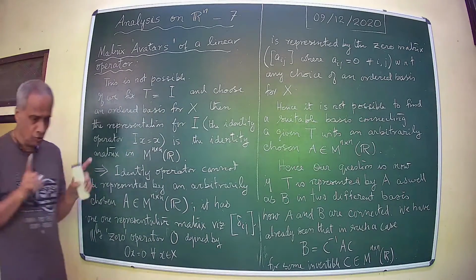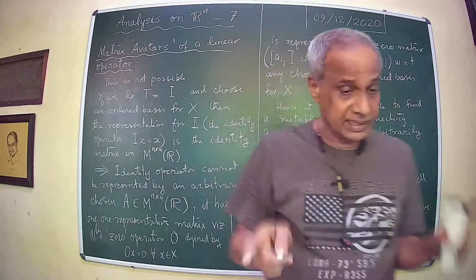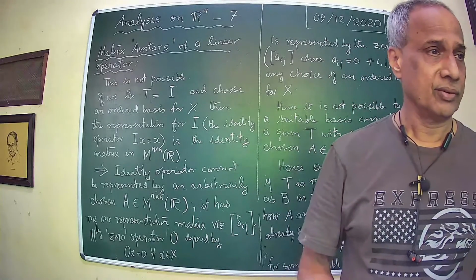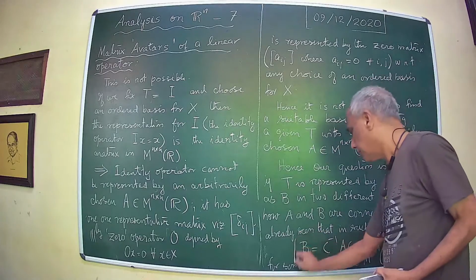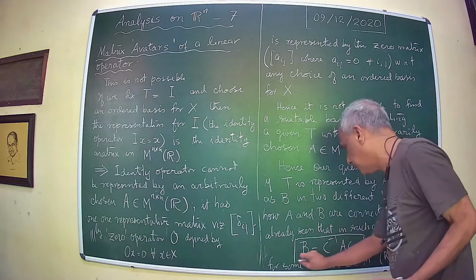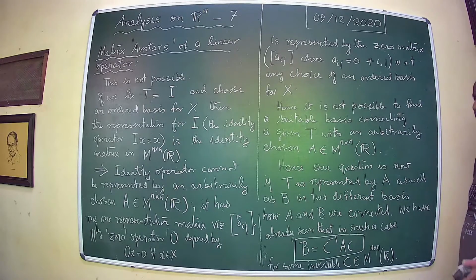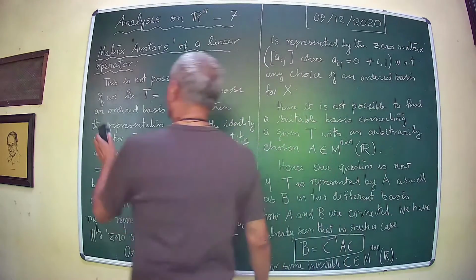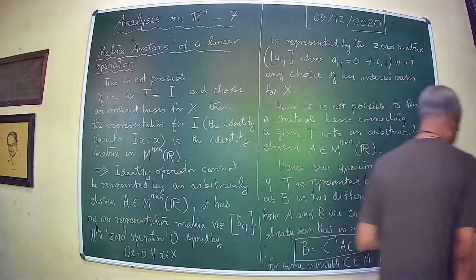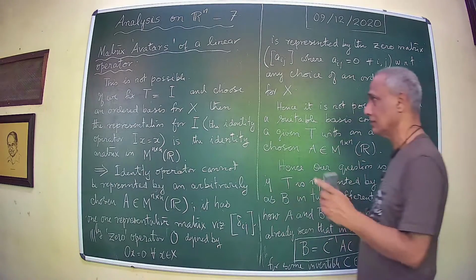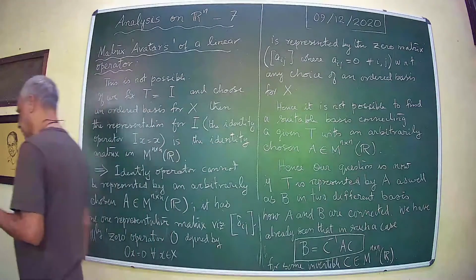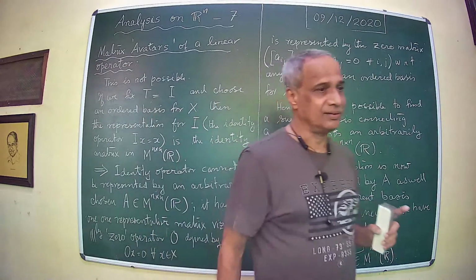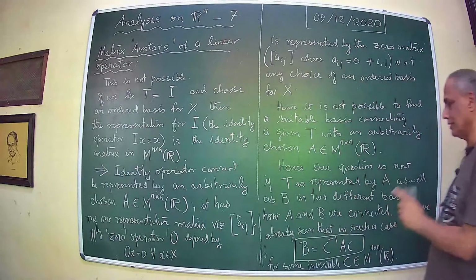So if two matrices represent the same linear transformation in two different bases, then they are certainly connected. Okay, they are connected through a transformation. Yes, we have an invertible n by n matrix which relates B with A. That means the two different avatars of the same linear transformation are not arbitrary. One is related to the other.